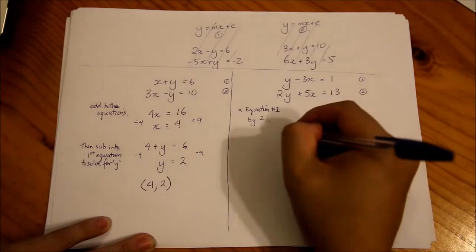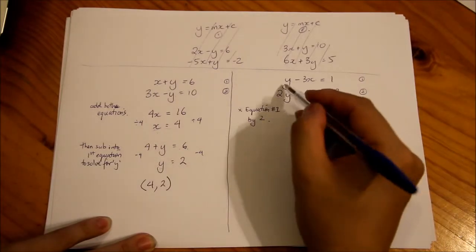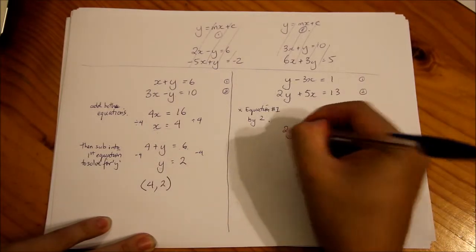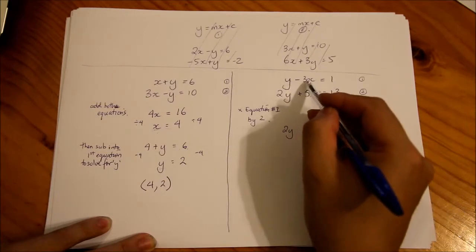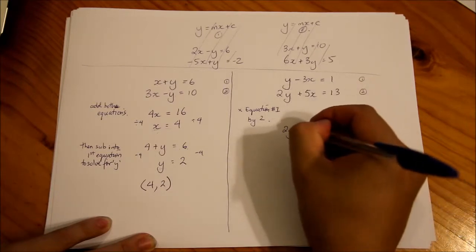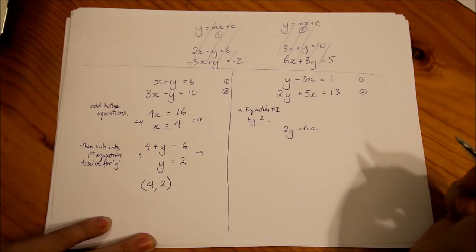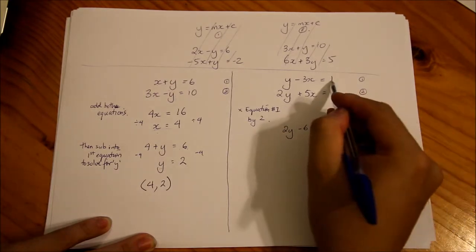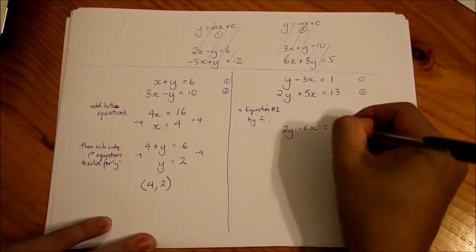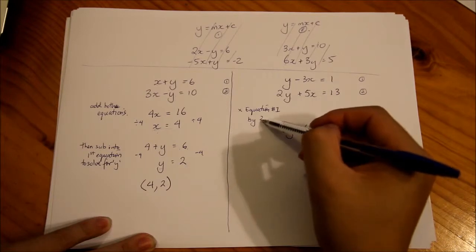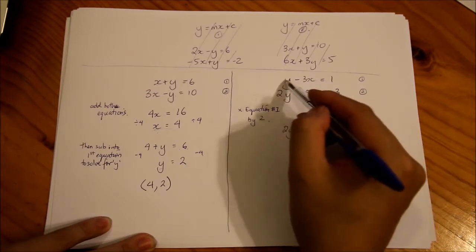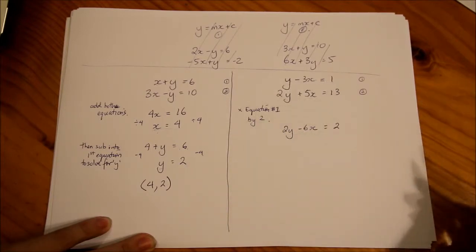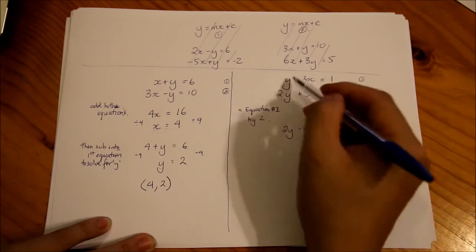I will have 2 times y is 2y, 2 times minus 3 is going to be minus 6, and then 1 times 2 is 2. If I'm multiplying it by 2, I'm going to do it for every single component of the equation, not just the first part.